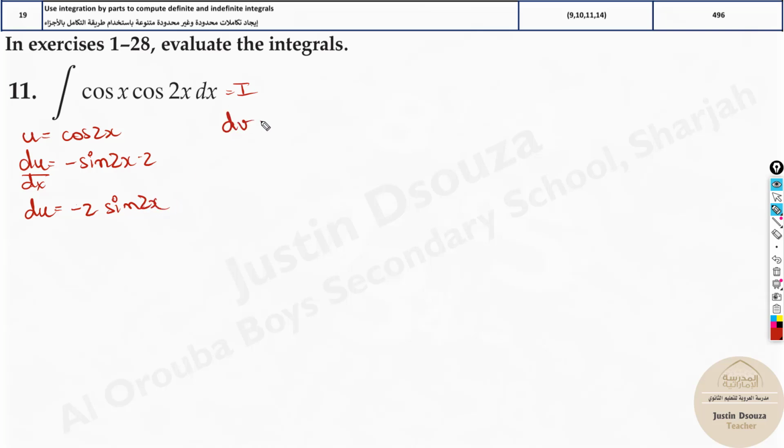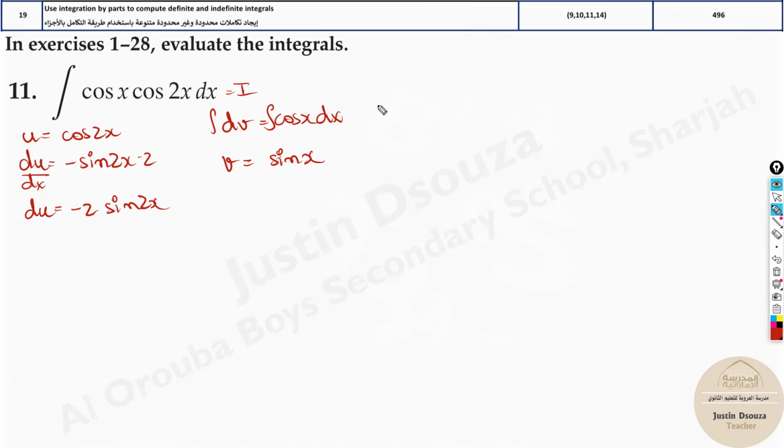What about dv? We will take the remaining part, that is cos x dx. Integrate both sides. v is equal to positive sine x, plus c. We write the constant at the end. So this is all that we need, u, du and v.